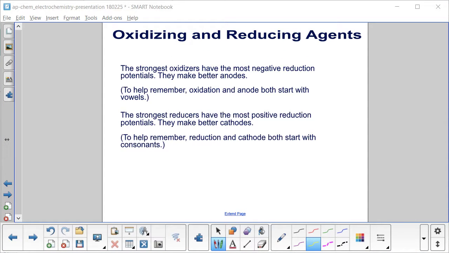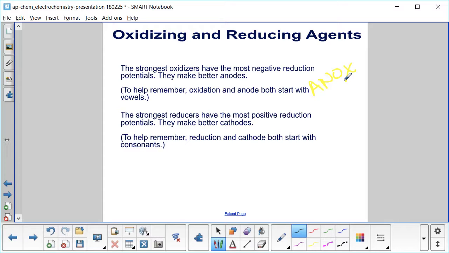The strongest reducers, those elements that are most likely to undergo oxidation, have the most negative reduction potentials and make better anodes. To help you remember, oxidation and anode both start with vowels, or else remember the mnemonic "an ox," right?